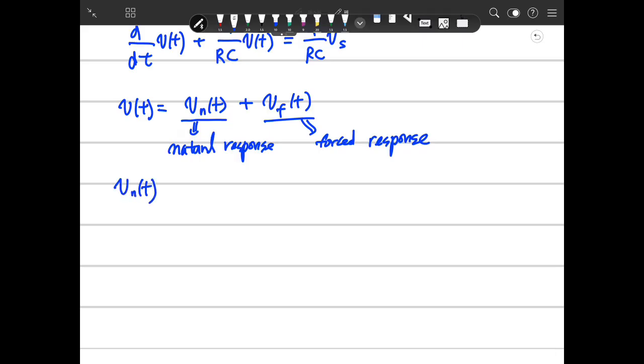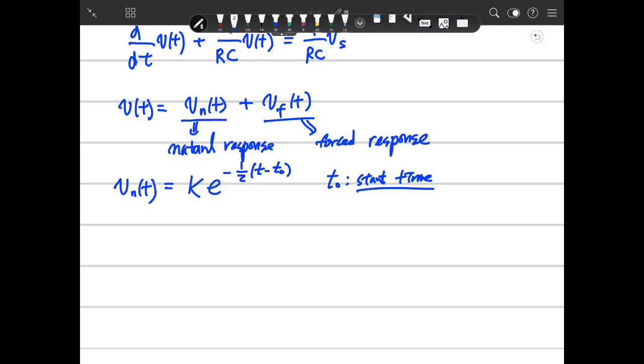What is VNT? So we know that the general form over here is K exponential minus 1 over tau T. Already we discussed about here T minus T0. T0 means the start time of this circuit. That means that time instance, the mode is changing, the state is changing.